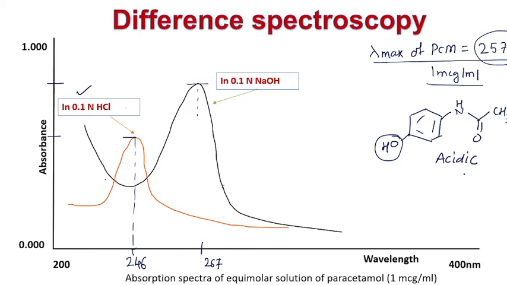Ionization will happen. The phenolic OH group will get ionized on addition of the alkaline solution, and it will generate additional non-bonded electrons.